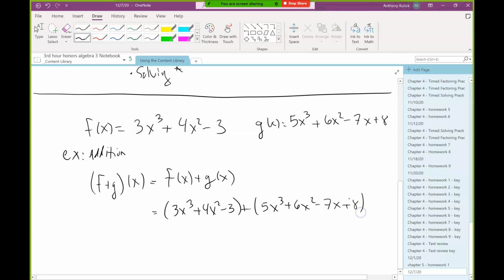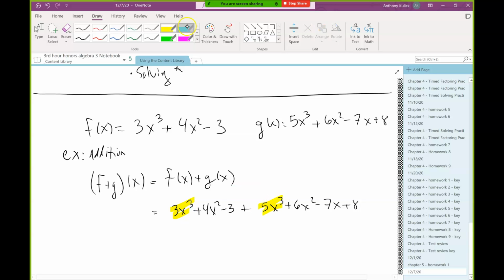So we do this, and now I wrote the two parentheses here. But because the symbol in between these two parentheses is just addition, there's really no reason that we need those parentheses there. So we can drop all of those, and it really just becomes combining like terms.